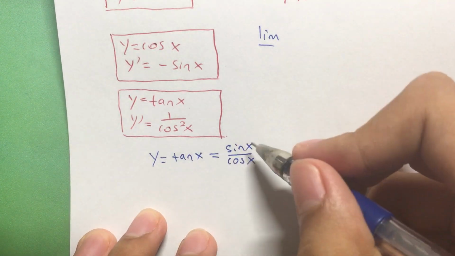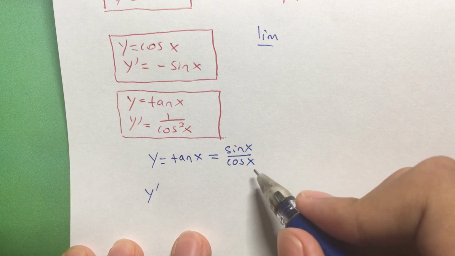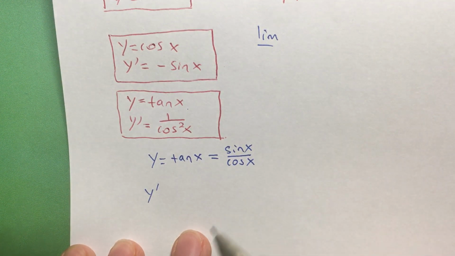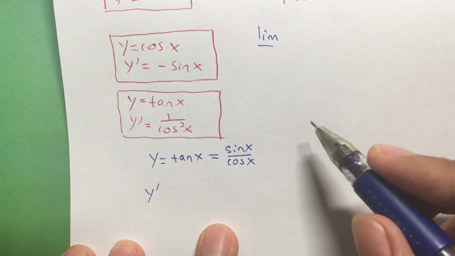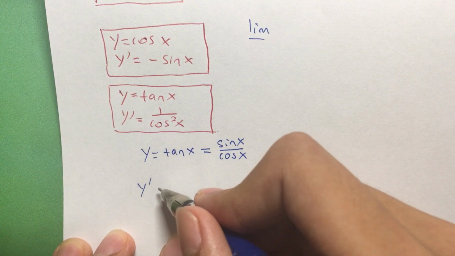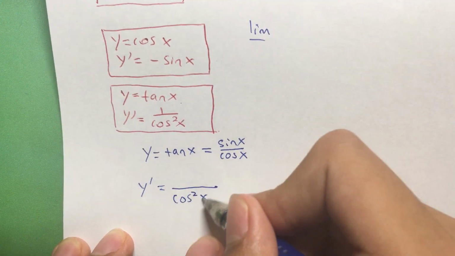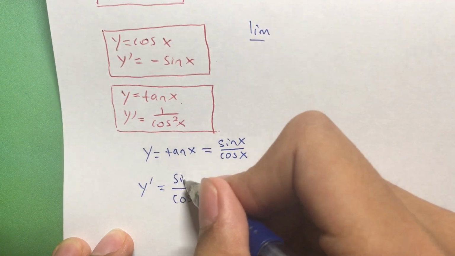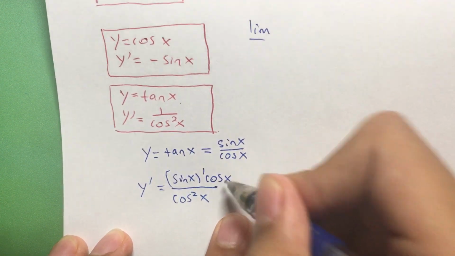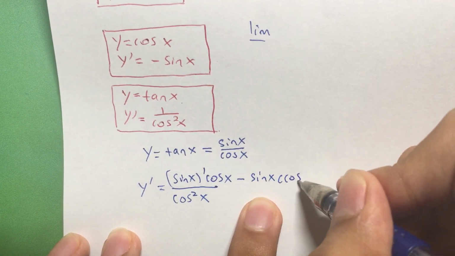So now we know that. Now let's find y dash. We can use the quotient rule that we talked about before, so you can check my previous videos about the quotient rule. We can solve it because this becomes over cosine squared x, with the derivative of sine x times cosine x, minus sine x times the derivative of cosine x.